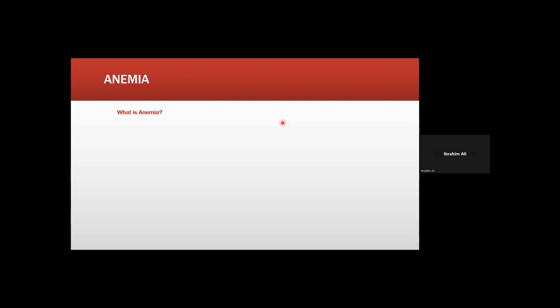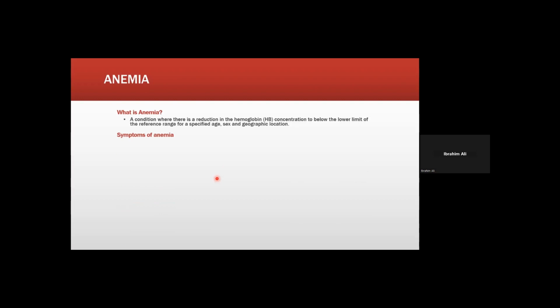Now anemia will be defined as a condition where there's a reduction in hemoglobin concentration to below the lower limits of the reference range in a specified age, sex, and geographical location. Because it matters.